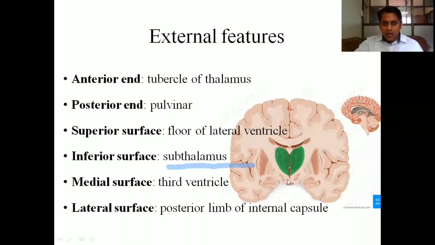And along the inferior surface, right here, it is separated by the subthalamus. These are the different surfaces present: medial surface, superior surface, lateral surface, and inferior surface. Okay, let us move ahead.